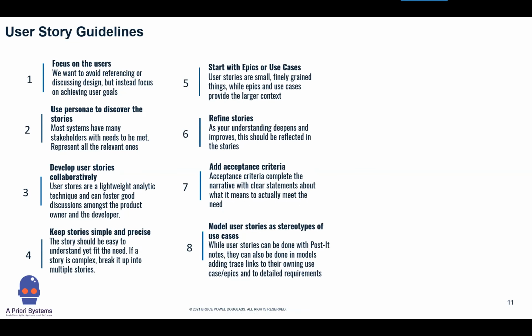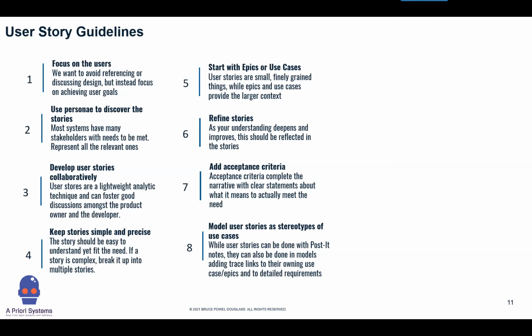Start with your epics and use cases to understand the context of what you're trying to achieve in the larger scope. Understand the role that this user story plays within that scope. And for me, the epic is the big thing, that's the program increment size. The use case is the smaller thing, that's the sprint or iteration size. And the user story is a piece of that.